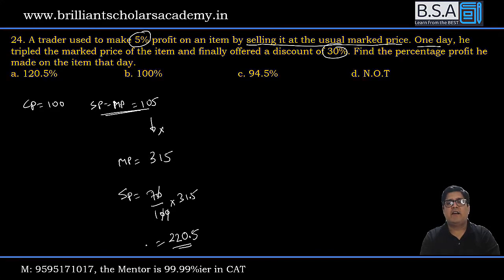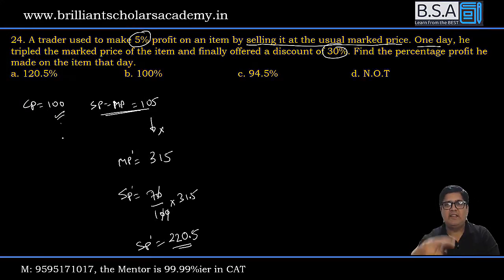So this is the final selling price. Cost price we did not touch. We did not change the cost price. These are the new marked price and new selling price. The new selling price is rupees 220.5.